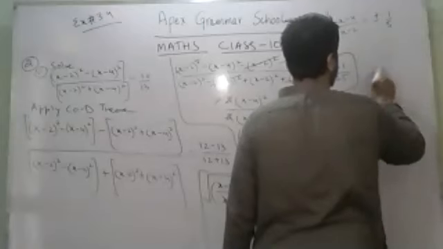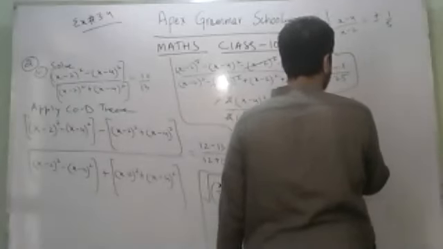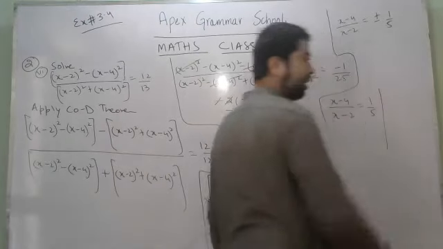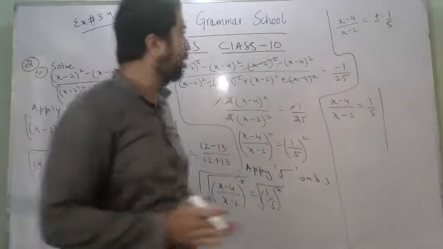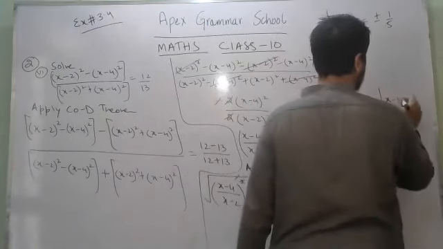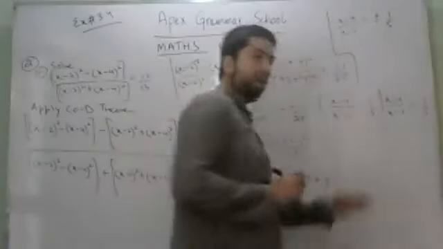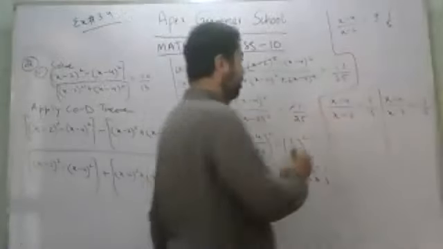So now (x minus 4) over (x minus 2) is equal to 1 over 5. That is first. You can separate them, and then (x minus 4) over (x minus 2) is equal to negative 1 over 5. Now find both the roots by cross multiplication.